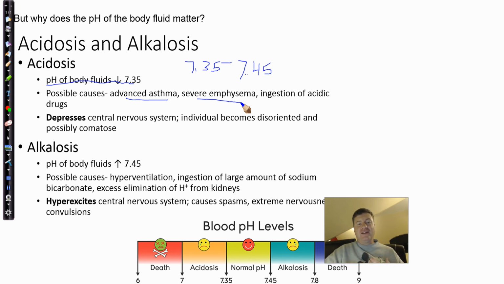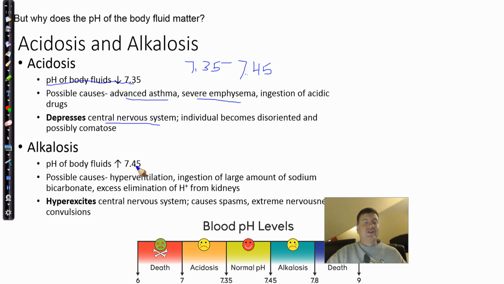Somebody with advanced emphysema or advanced asthma is going to have a very difficult time breathing, and their blood becomes more acidic to the point it can push you into acidosis. This depresses the central nervous system, so it depresses your brain and spinal cord. Someone can become comatose, and if the pH continues to drop and we can't reverse it, it's fatal.